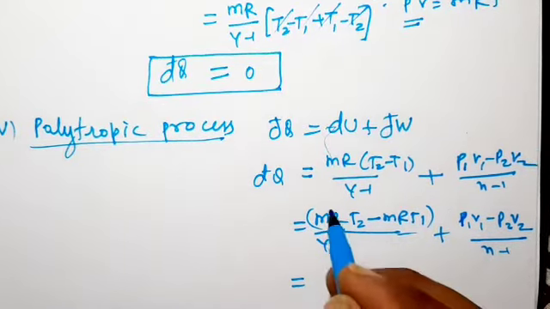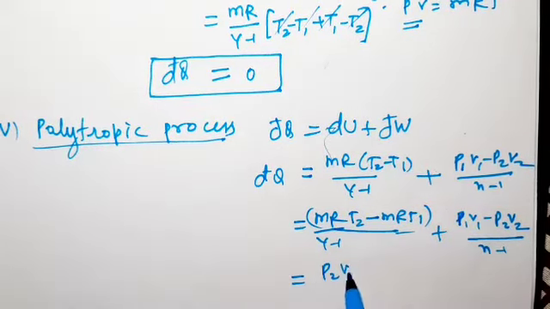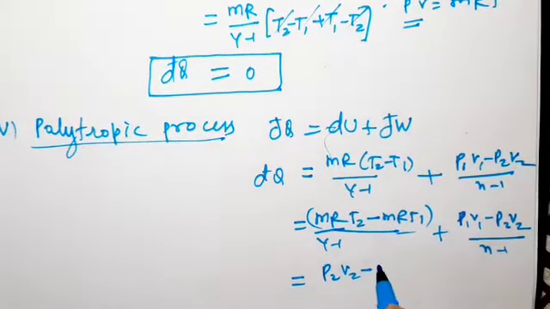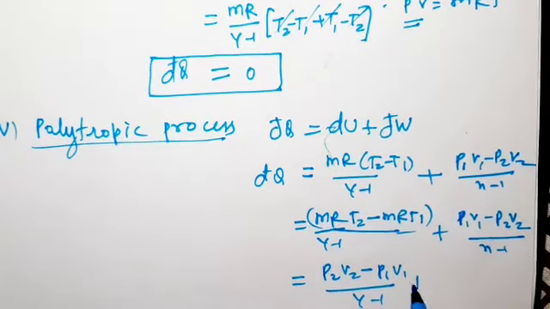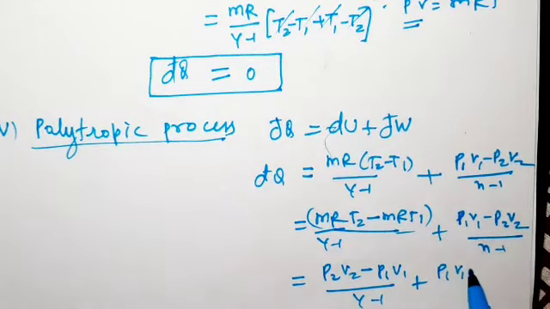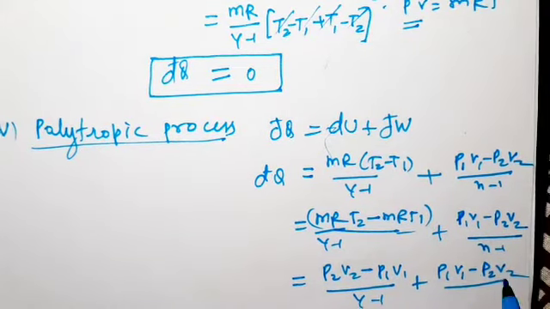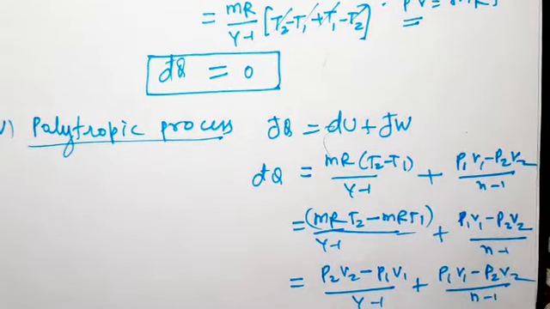So this can be written as (p2 V2 minus p1 V1) upon gamma minus 1 plus (p1 V1 minus p2 V2) upon n minus 1.